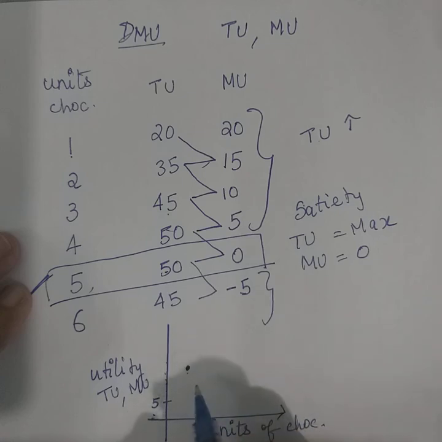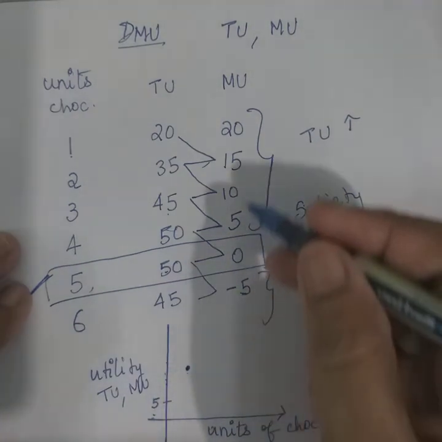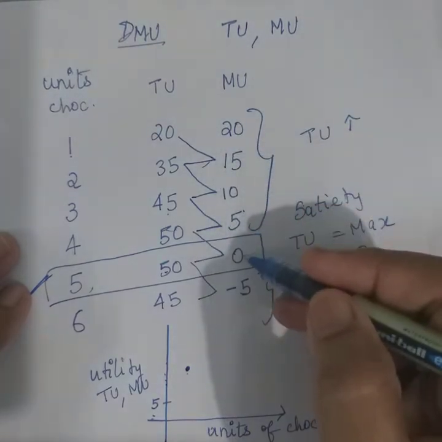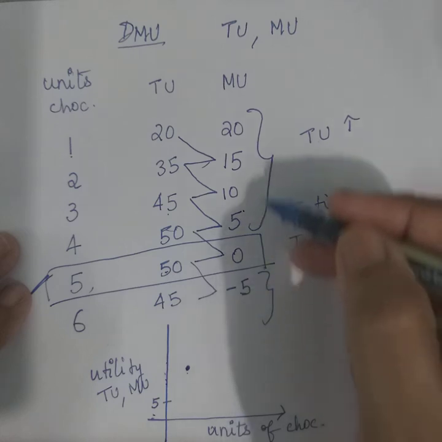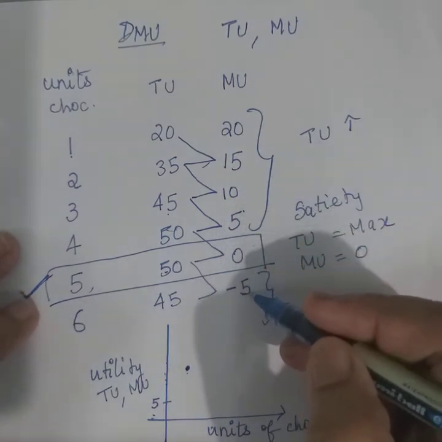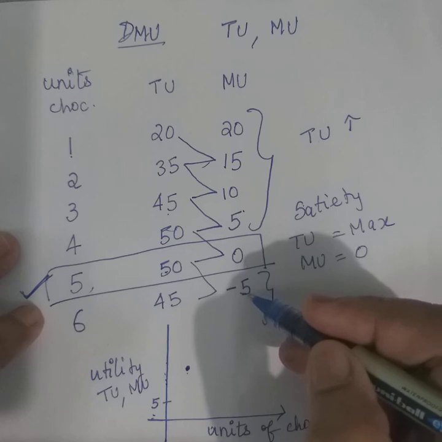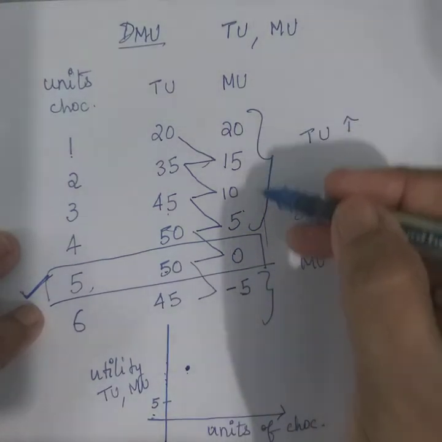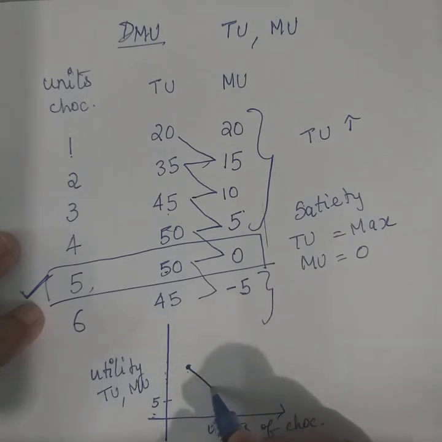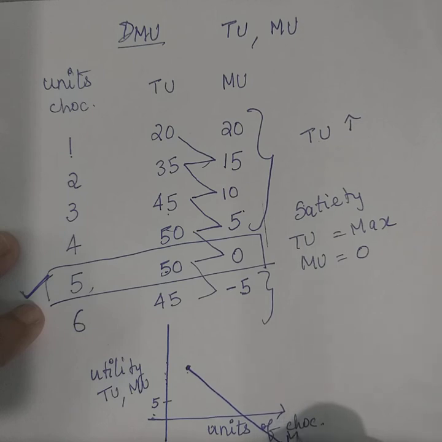Let me show the marginal utility: 20, 15, 10, 5, 0 and minus 5. So very clearly it is continuously falling, becomes 0 and moves to the negative quadrant. If you plot this properly, you will arrive at a curve like this. So this is the marginal utility curve, right?